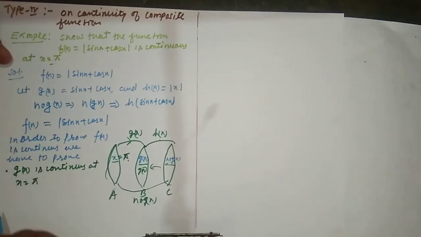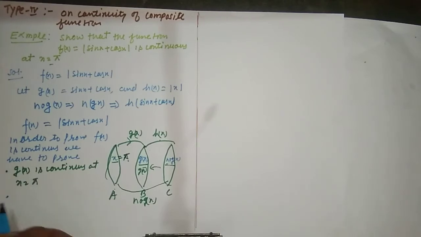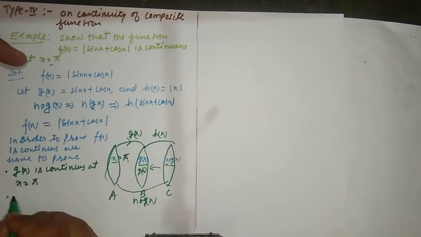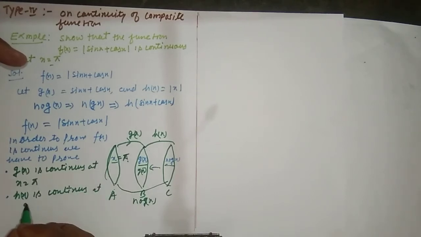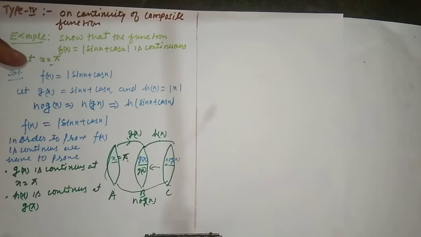This is first. And second, what we have to find? h(x) is continuous at g(pi). Clear? So first we'll prove g(x) is continuous.